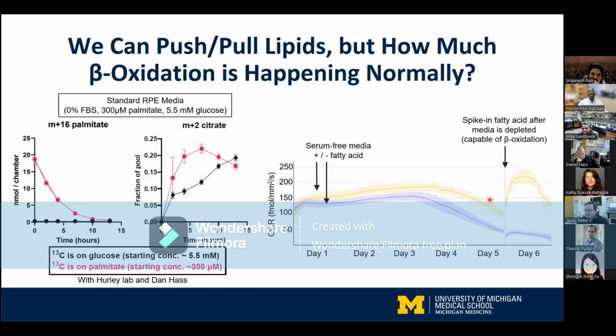Sorry. Hey, Jason. So at that day 5, when you are spiking in this fatty acid, the cells have been in culture for almost 5 days. You started with 5.5 millimolar glucose. Could it be that at the same time glucose is already depleted?